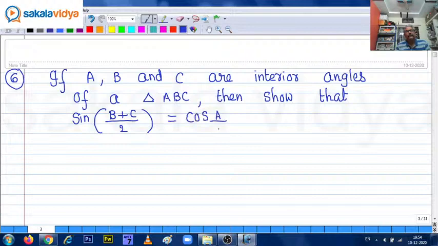This is the problem. It may be given for 2 marks in the examination. It's a very important problem.